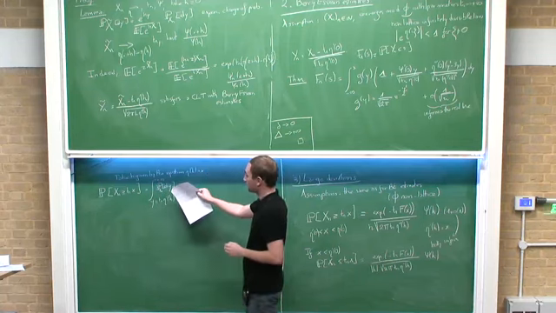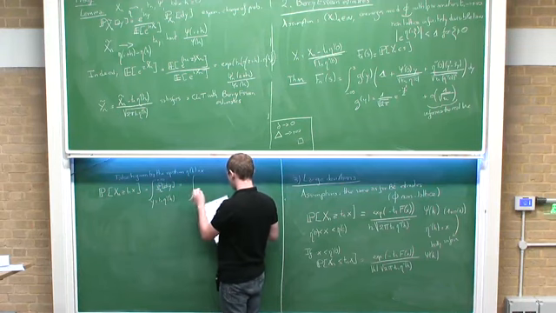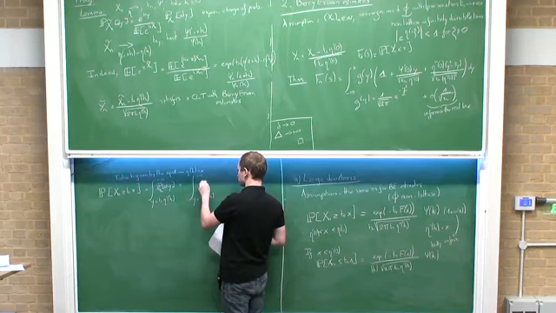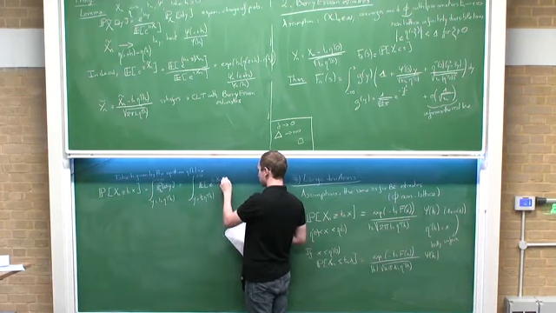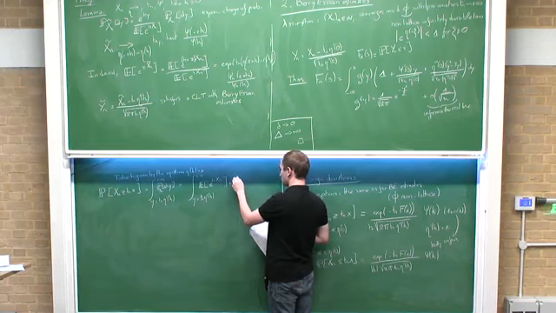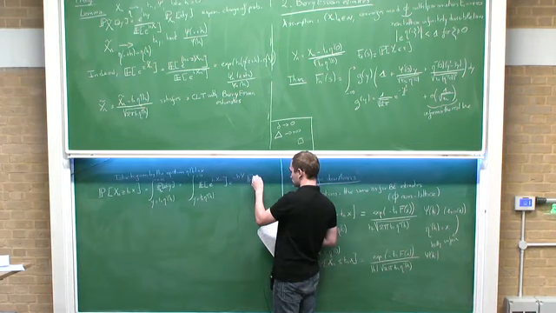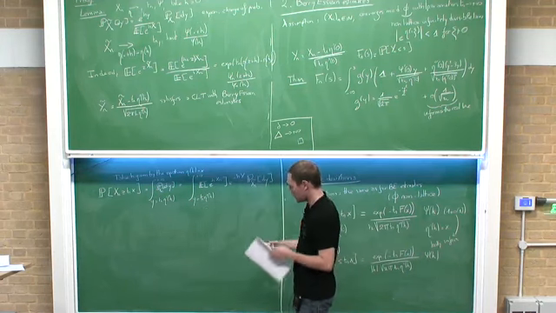And I will replace this by an integral with respect to the new probability measure. I just replace the probability here by its value in terms of xn tilde.